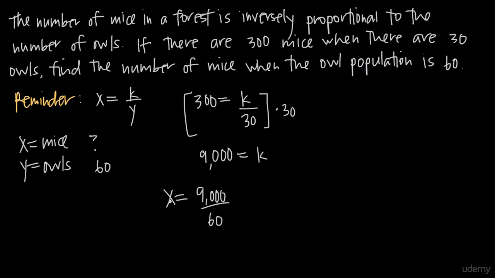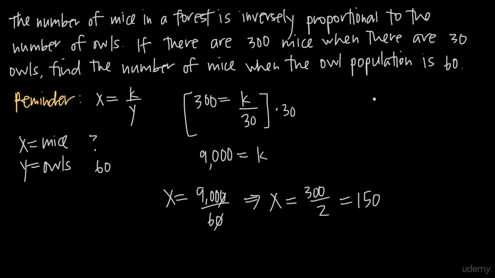So we're trying to find the number of mice in the forest when the owl population is at 60. Conveniently, we just need to reduce our fraction, so we're going to get x is equal to, we'll cancel a 0, 900 over 6 is going to be the same as 300 over 2, or x equals 150. So there are going to be 150 mice when there are 60 owls.